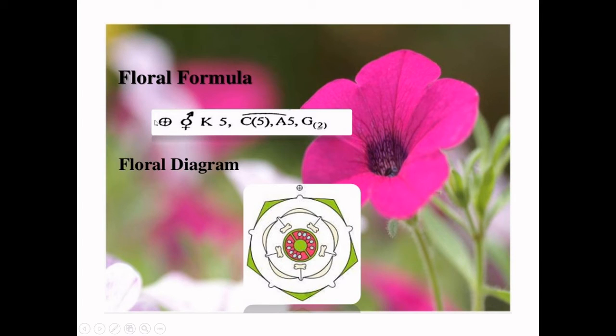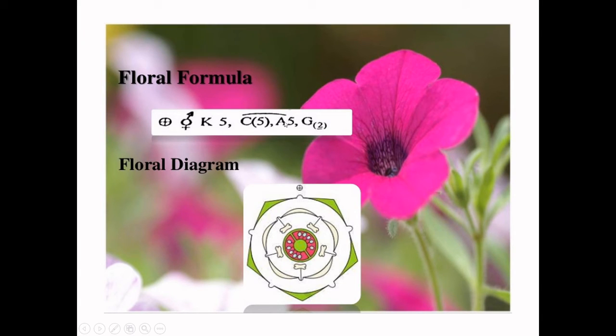The flowers are bracteate or ebracteate, actinomorphic, bisexual. K means sepal, that means the calyx. Number of sepals is 5. C stands for corolla. Number of petals is 5. They are united.